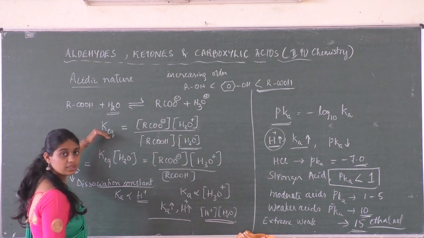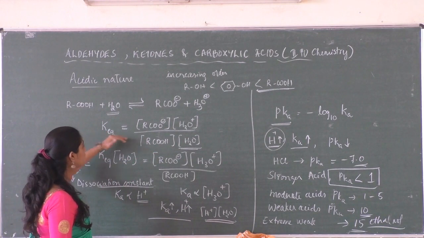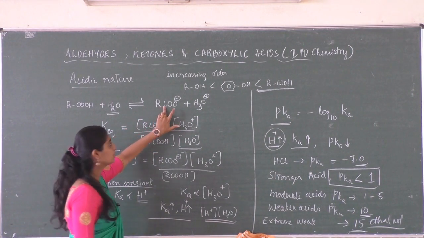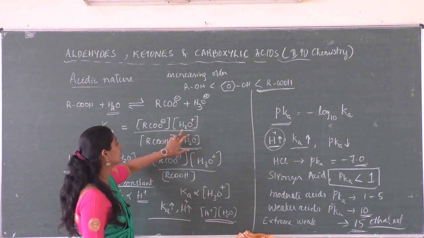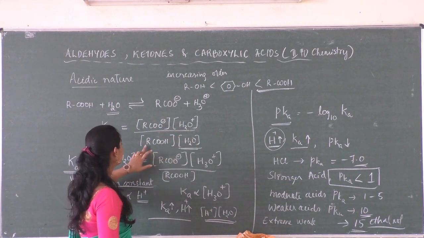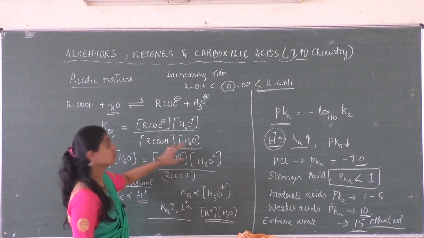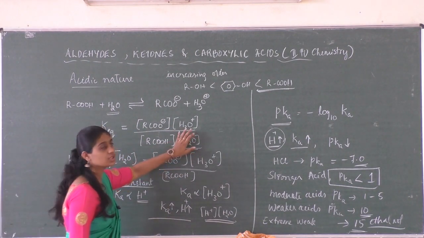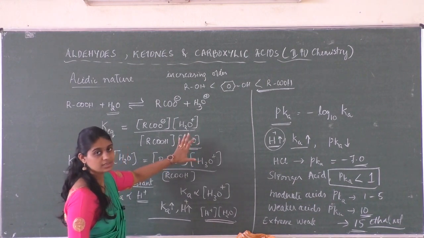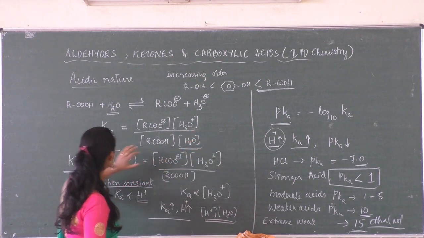We write an equilibrium expression, K equilibrium equals the molar concentration of the products, [RCOO minus][H3O plus], over [RCOOH][H2O] of the reactants. Since the concentration of water is unity or constant, taken as excess, I am shifting this to the other side.